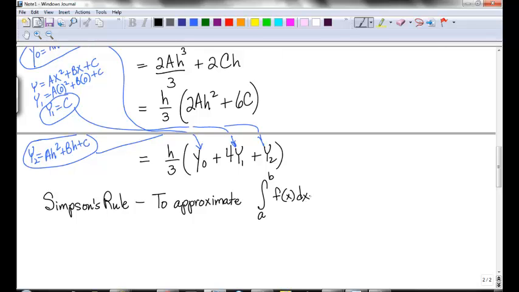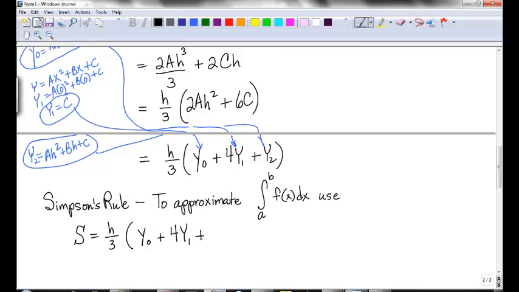To approximate the definite integral, the area underneath the curve of f of x with respect to x from a to b, you're going to use, and we're going to let it equal S. T for trapezoidal, S for Simpson's. h over 3 times the quantity y sub 0 plus 4 y sub 1.